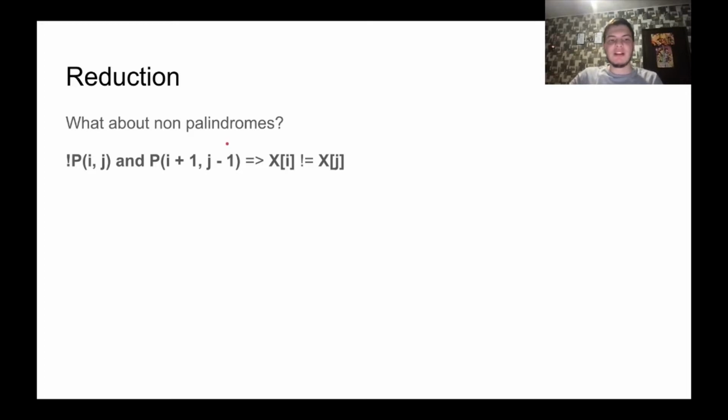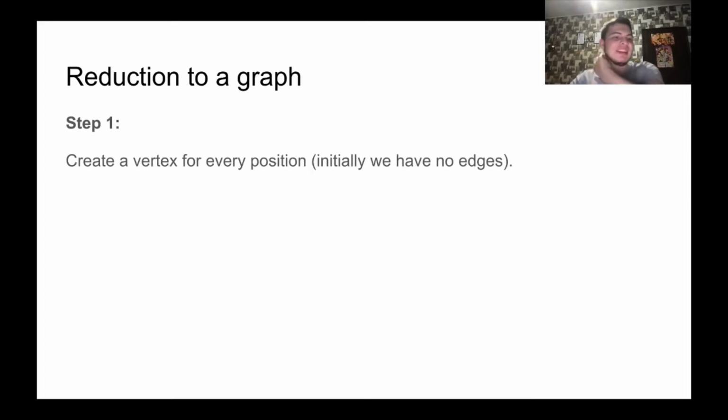So we can infer something about x: if we have the following condition, we can infer that x i won't be equal to x j. This will always be true: if the left-hand side holds for some i j, then the right-hand side will also be true, regardless of the choice of x. So that's the second part of the reduction.